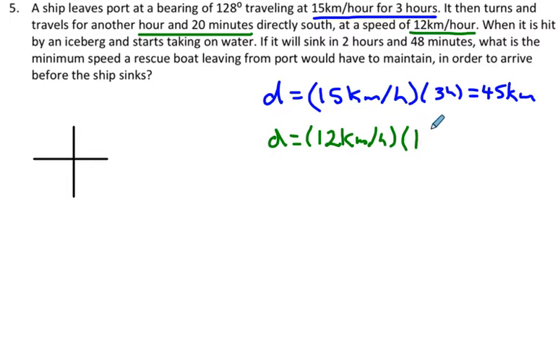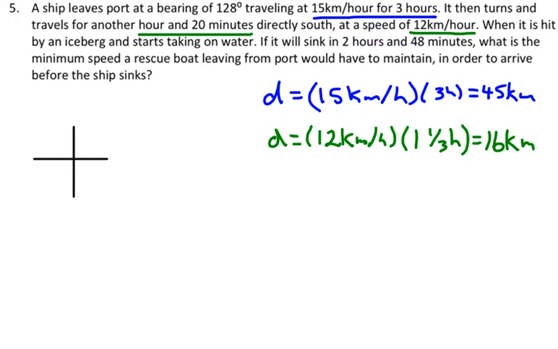So we have 1 and 1/3 hours. In 1 hour, we have 12 kilometers. In the other third of an hour, we'd have 1/3 times 12, which is 4. So 4 plus 12 is 16. Again, that's a little tricky spot with this.